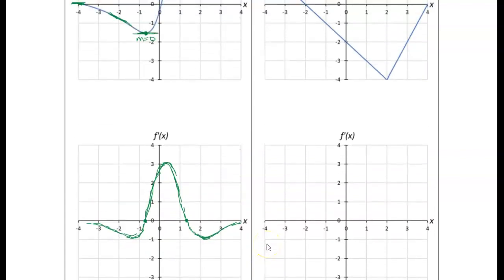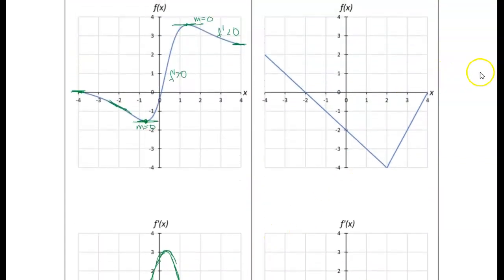All right. So let's do one more. This one's pretty straightforward. We just have straight lines, right? So I know when I have a straight line, the slope is constant, which means the derivative is a constant. So let's figure out what the slope is of these 2 pieces, right? We've got a piece where x is less than 2, and another piece over here where x is greater than 2.